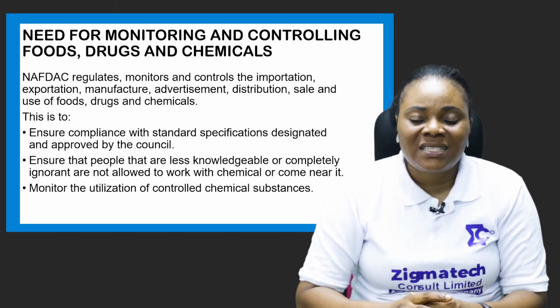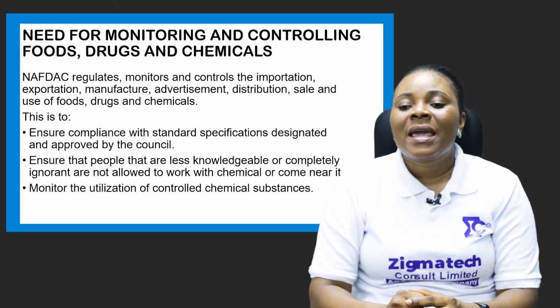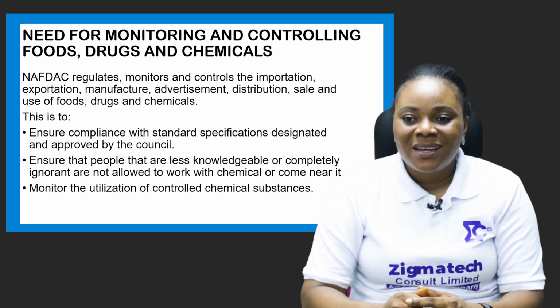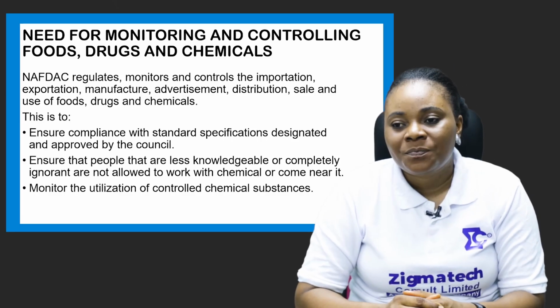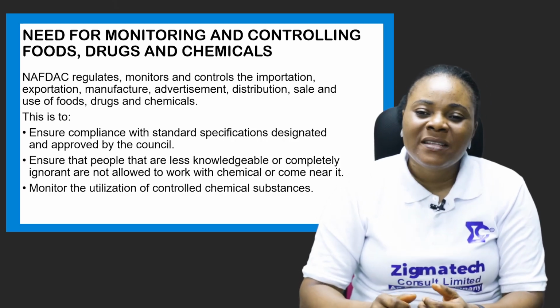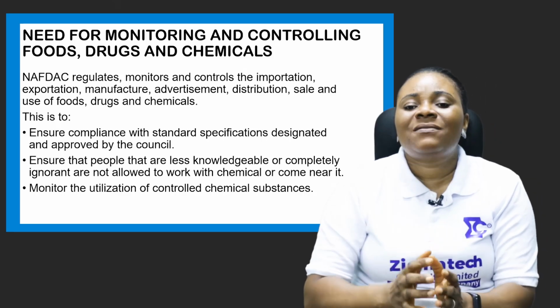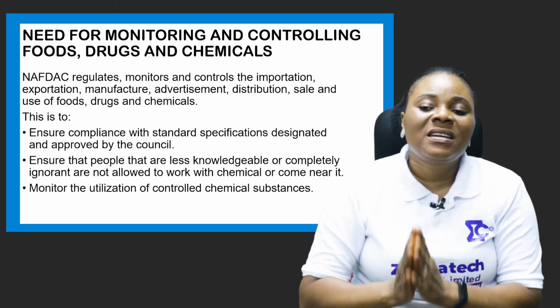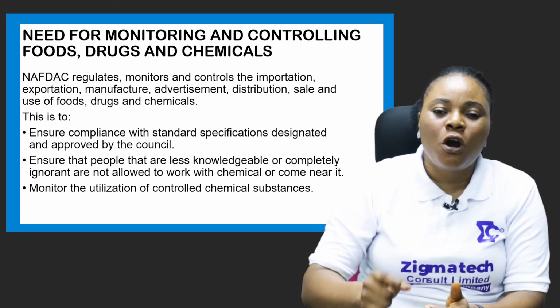Number 3 need is that they monitor the utilization of controlled chemical substances. There are some chemicals that are not allowed to be used anyhow. There are some chemicals that before they can even be used at all, must be properly followed up and monitored. So NAFDAC ensures that before these chemical substances can be used, they are properly controlled for utilization.